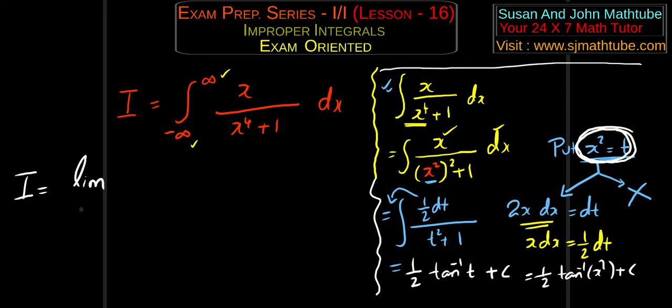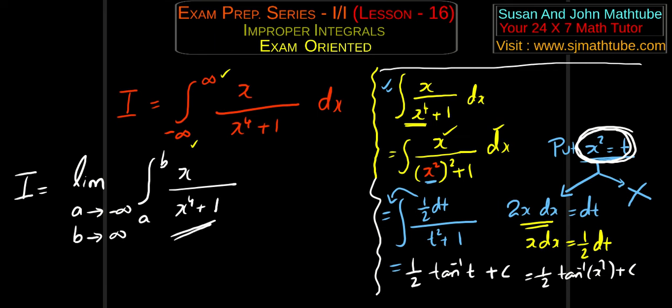So what should we do? We should convert this into a limit problem. So a tends to minus infinity, b tends to infinity, integral a to b x by x to the power 4 plus 1. Okay, now we already have the integral value. So I will plug that in on the next page.